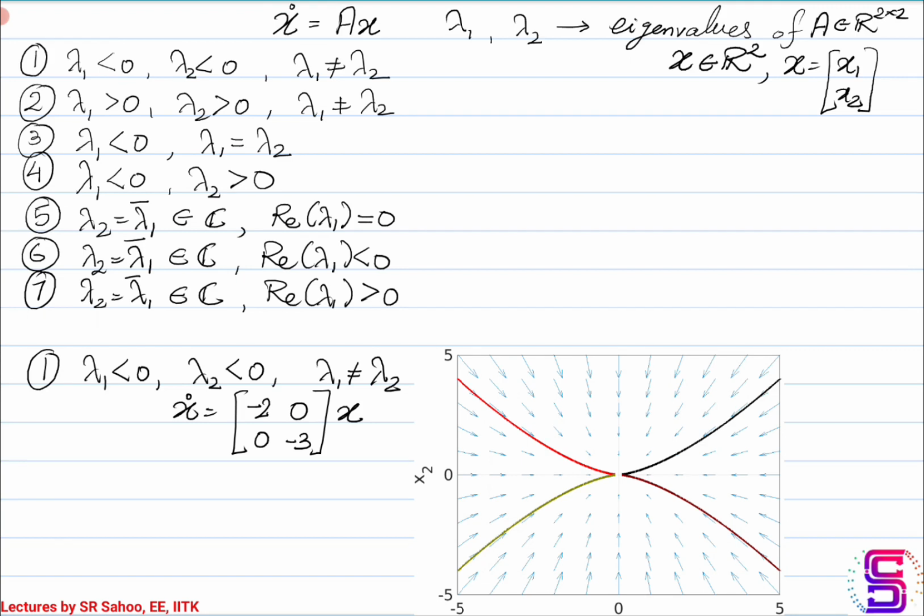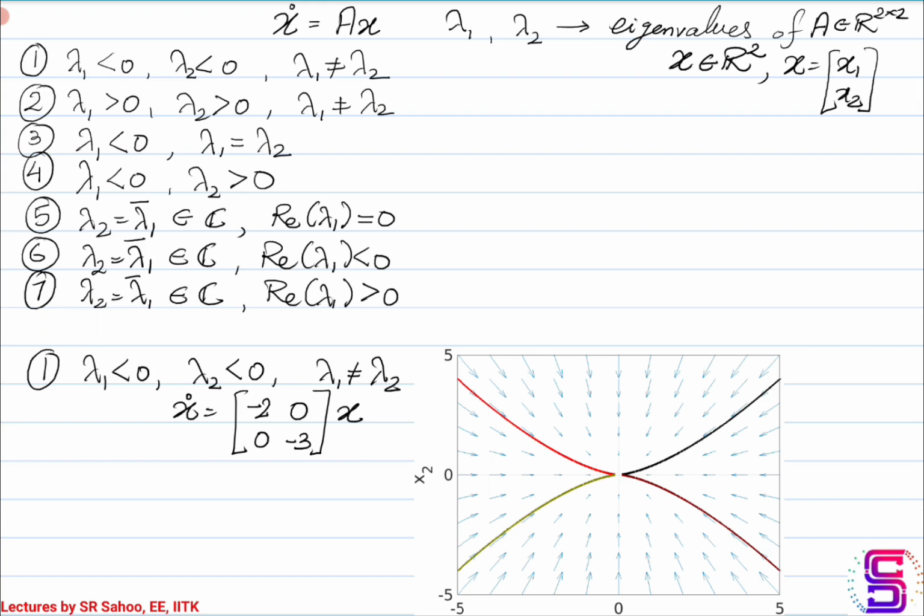Since we are considering a two-dimensional linear time invariant system of the form x dot equal to Ax, this A is essentially a 2 cross 2 real matrix which will have two eigenvalues, lambda 1 and lambda 2. The possibilities that I'll be discussing omit the fact that lambda 1 or lambda 2 or both of them can be 0.